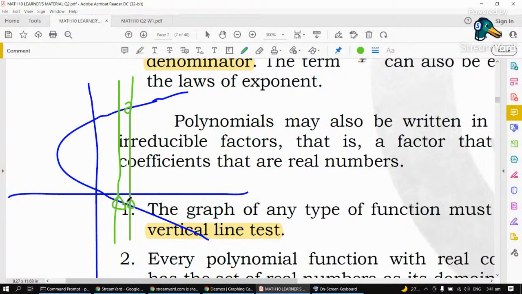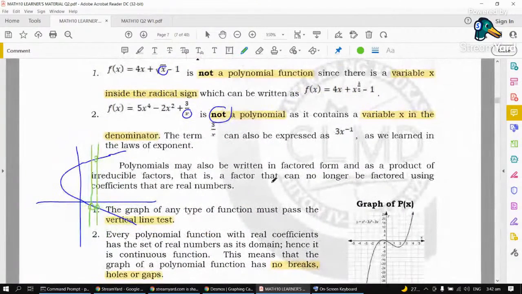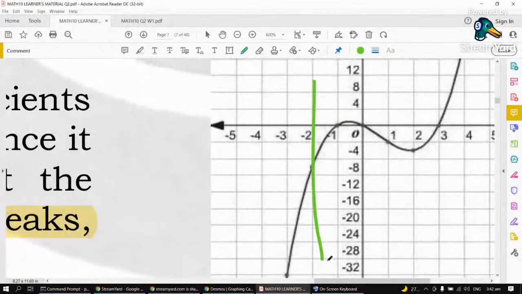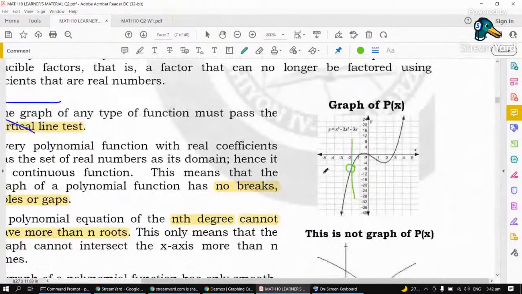Okay? Pero kung yung vertical line natin, for example, nag-drawing ako dito ng vertical line, dito lang siya talaga tatama. Wala nang chance na itong number na to is umikot dito, or umikot sa baba. Yan ang function.